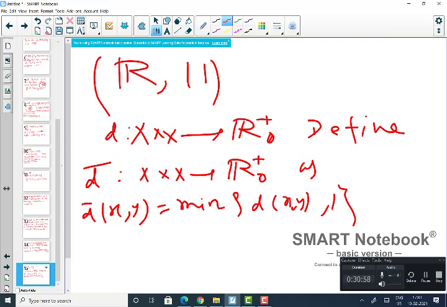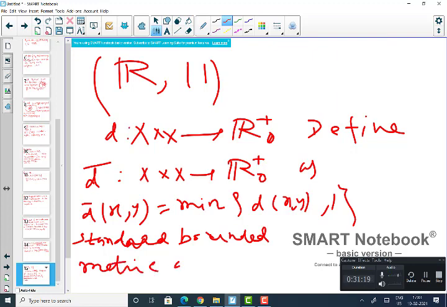These kinds of metrics are called standard bounded metrics on X, induced by the metric d.